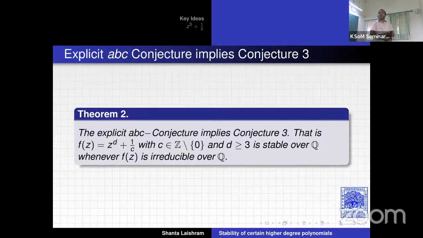So the explicit ABC conjecture implies this conjecture. If you assume the explicit ABC conjecture, then the polynomial x^d plus 1 over c, with c nonzero and d at least 3, is stable over Q whenever this polynomial is irreducible over Q. We can also say something more for d equal to 3 if it is not irreducible.